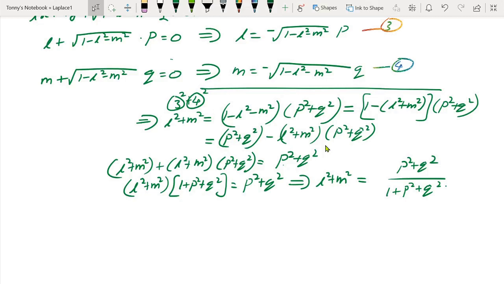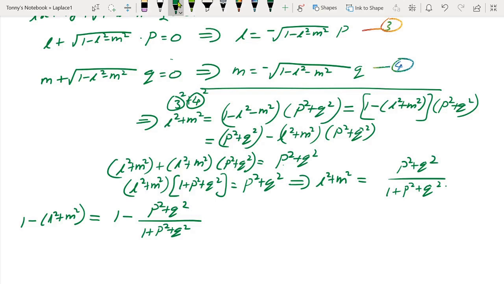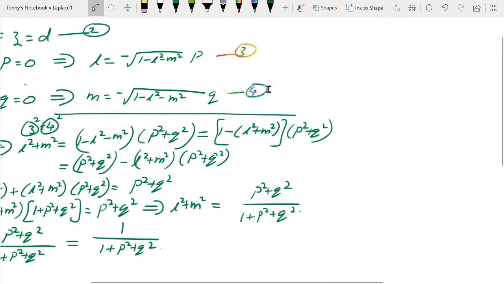So L is equal to square root of 1 minus L square minus m square. Already we have L square plus m square. So next we consider this is equal to, then by taking LCM we get, substituting this quantity in L and M, we get L and M in terms of P and Q. Okay.